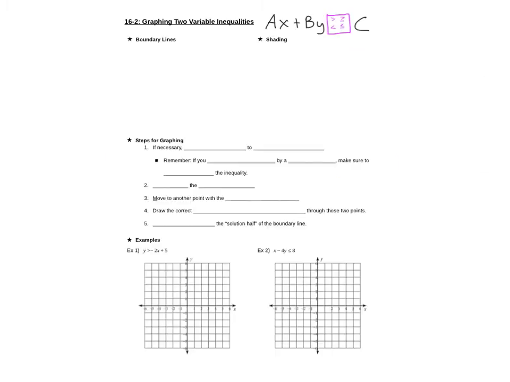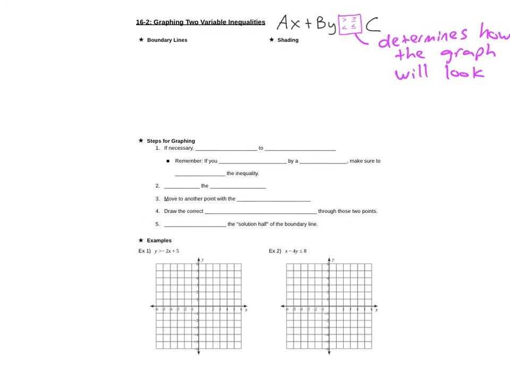All right, so from this, those inequalities are going to determine how our graph looks. One thing those inequalities tell us is the type of boundary line it will be. There are 2 types of boundaries possible, so we're going to look at boundary lines.